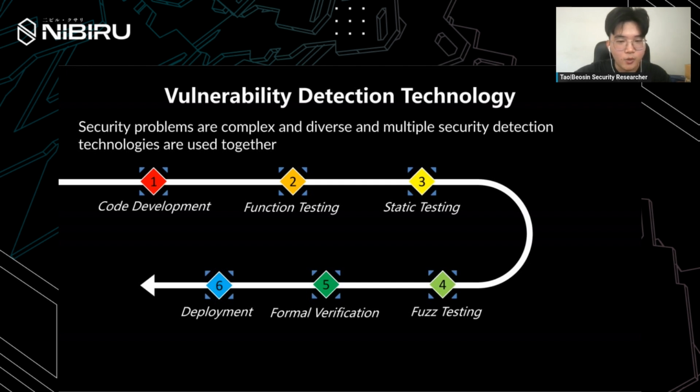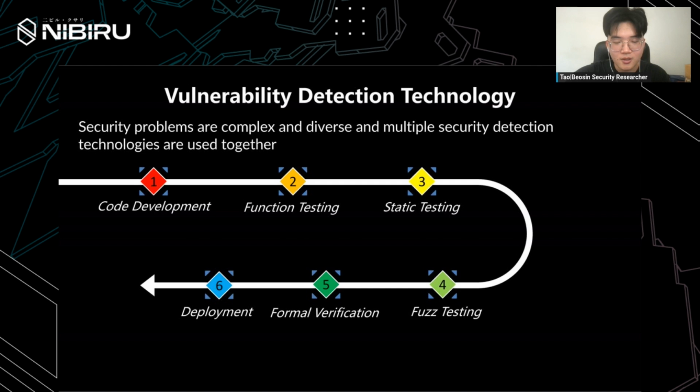So first, we need to do the code development. But I want to add some comments here. Before you do your code development, you need to design a rigorous business logic in your protocol. That's a prior step before code development.